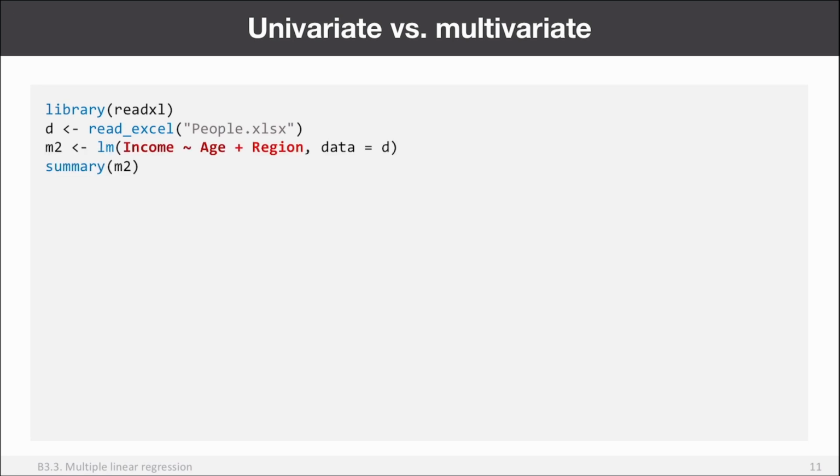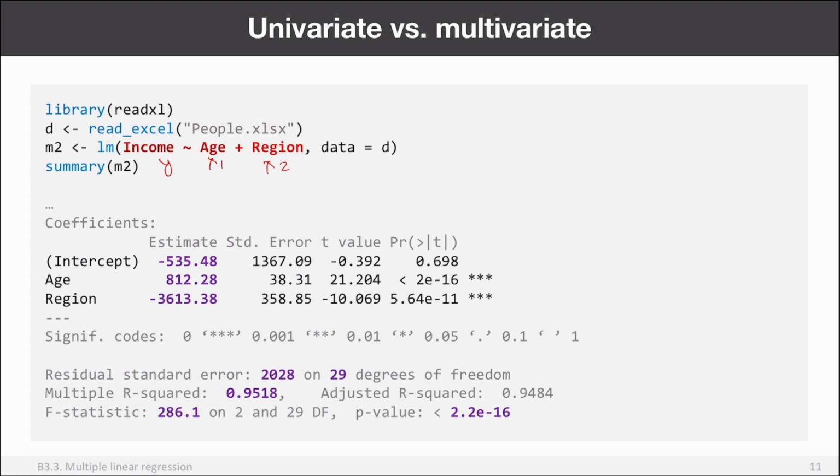And it's very easy. You simply add additional terms. So this is x1, this is x2, and this is y. So you can see the rest is the same. But now let's look at the summary. Look at this. Now we have one intercept and two slopes, right? The first slope tells what happens to income if you change age by 1 year.